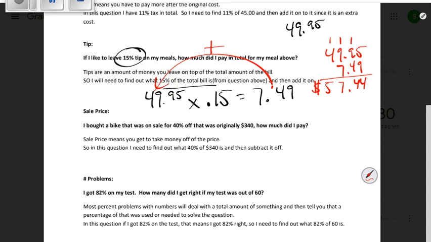Okay. Typically, those are the types of questions you get. Tips, tax, you add on. These are the ones that are awesome, if you get to take a sale price and take it off. In this question, it says I bought a bike that was on sale for 40% off. Original price was $340. So guess what? 0.40 times 340, and you get 136.